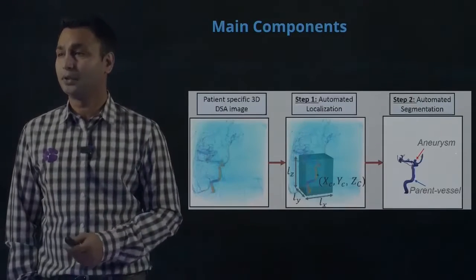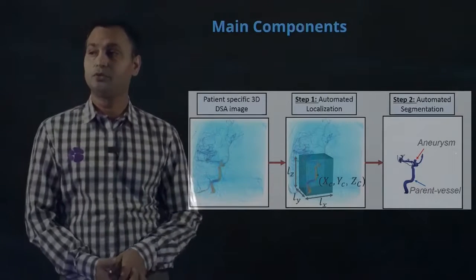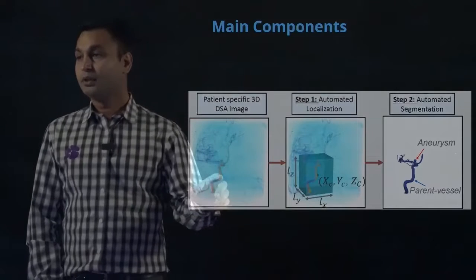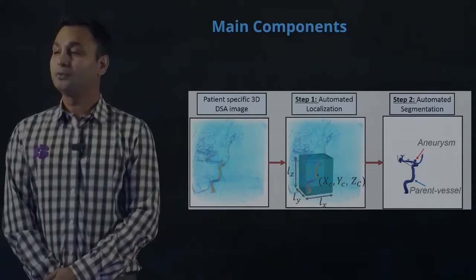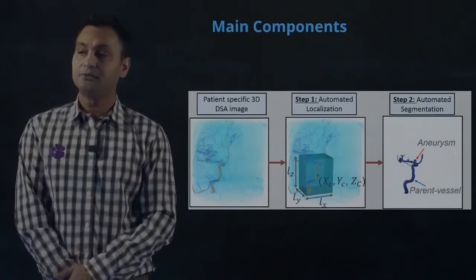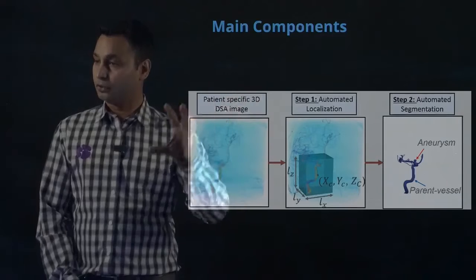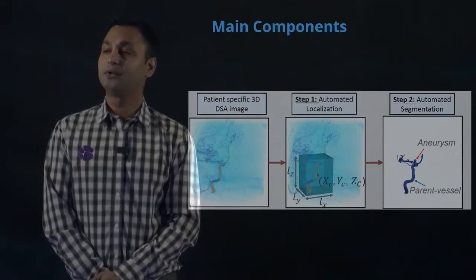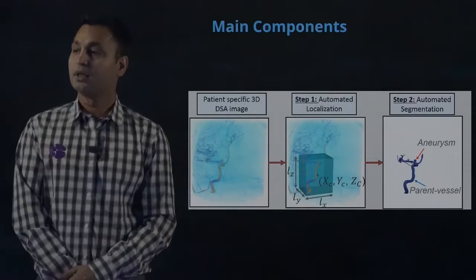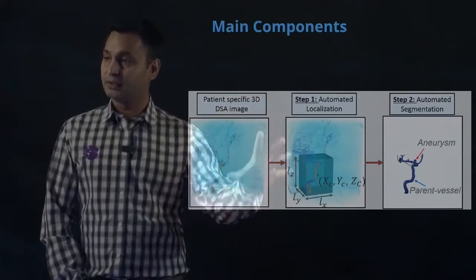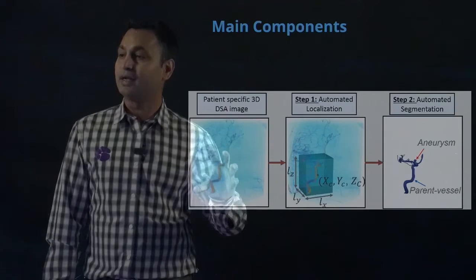I want to talk about two main components of this. The input is a patient-specific 3D BSA image. The vasculature we are interested in identifying is a small region of this whole image. So one of the steps is automated localization: rather than taking everything in the BSA image, can we quickly zoom in on the important region and find it?